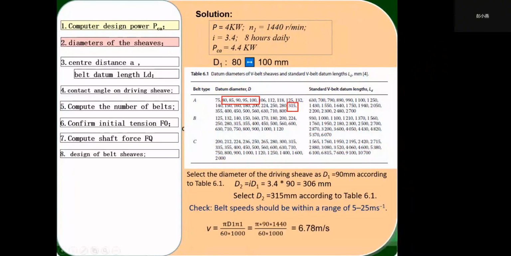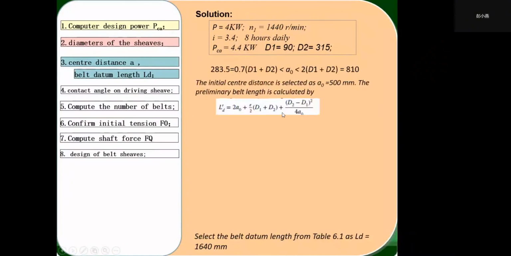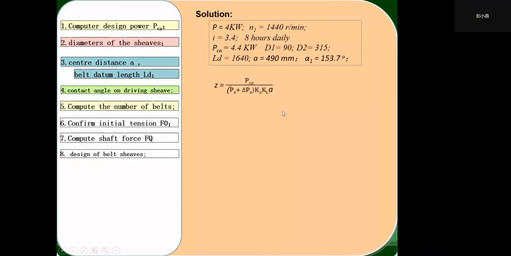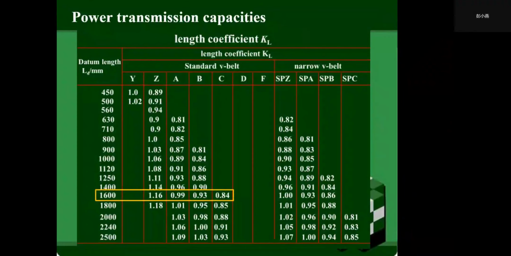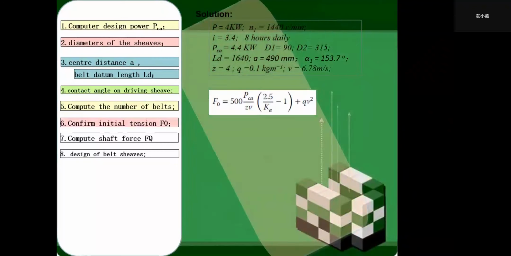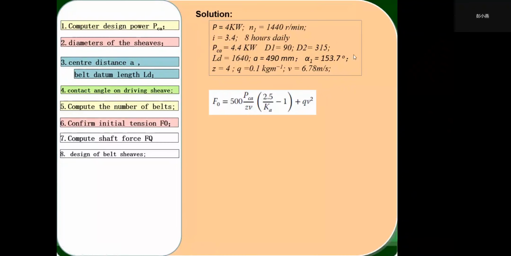We have calculated the V. Okay, it should be within the range from 5 to 25.